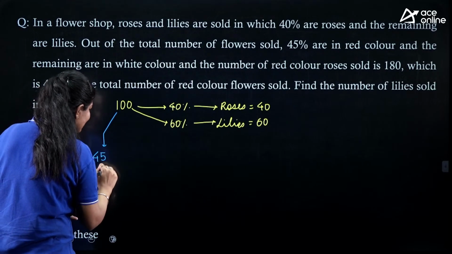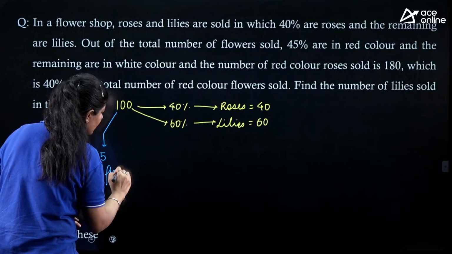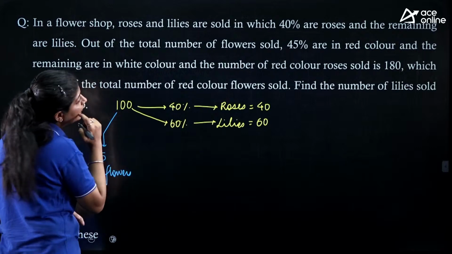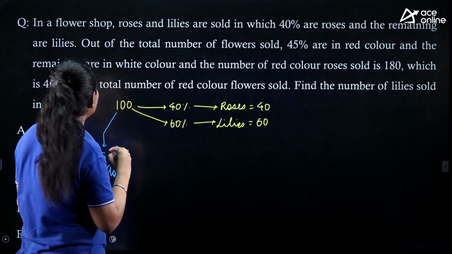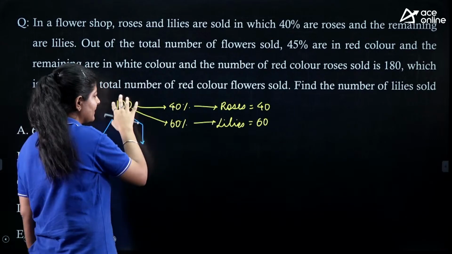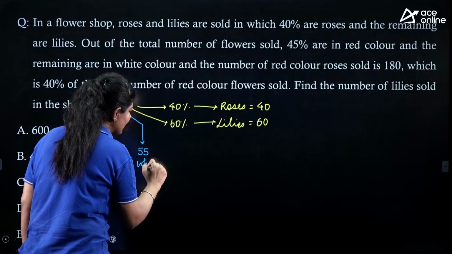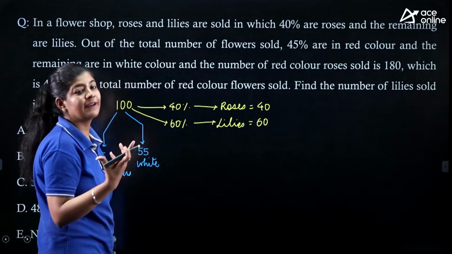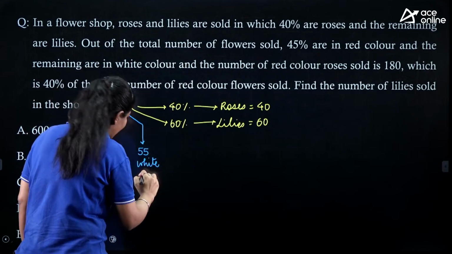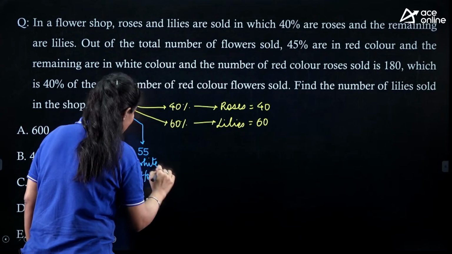So we can say that there are 45 red flowers sold. The remaining are in white color. The remaining is nothing but the 55%. 55% of 100 is nothing but 55. So the rest 55 flowers sold are of white color, right?